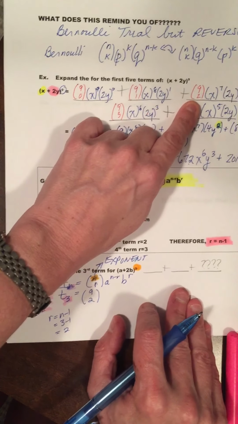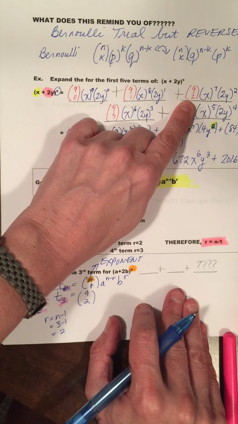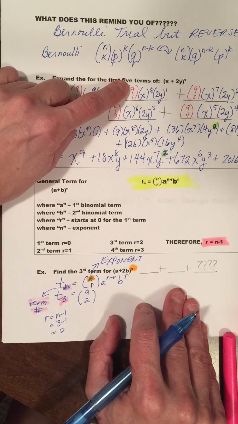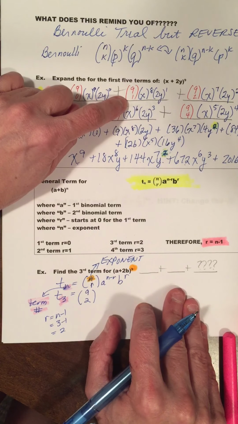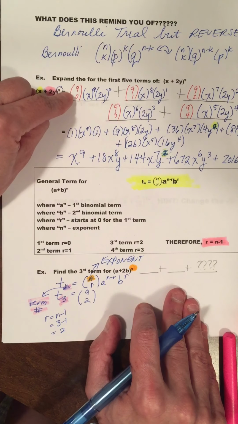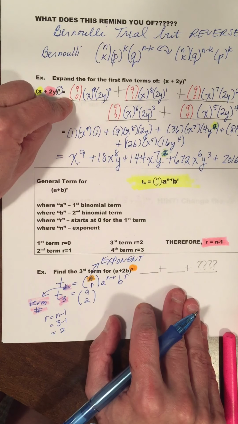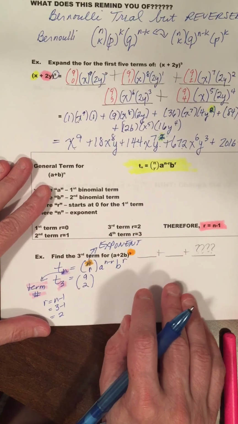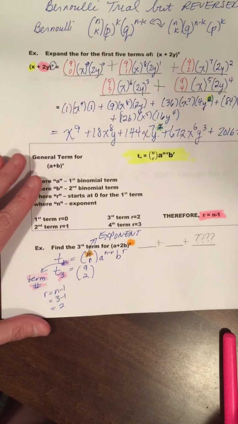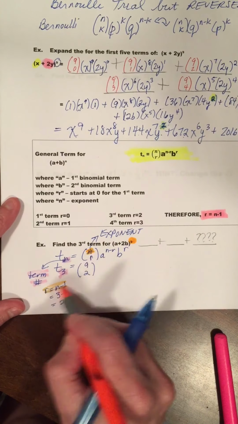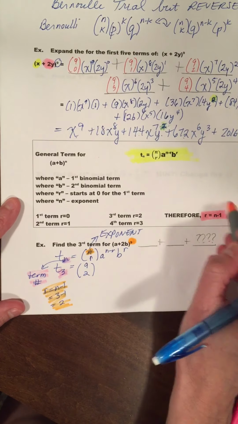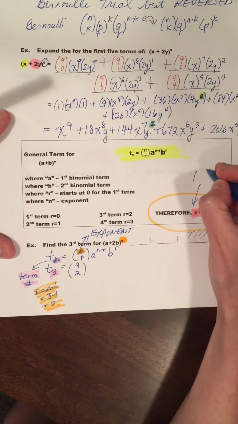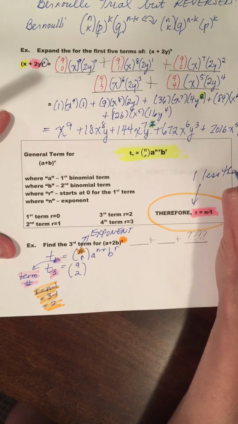Now look at the combination for the third term. 9 choose 2. Look at the combination for the second term. 9 choose 1. Look at the combination for the first term. 9 choose 0. That's because we start with a row of 0 in Pascal's. This is always going to be 1 less than the term number. That's what this means. 1 less than the term number.